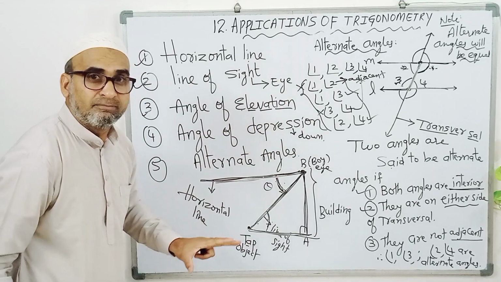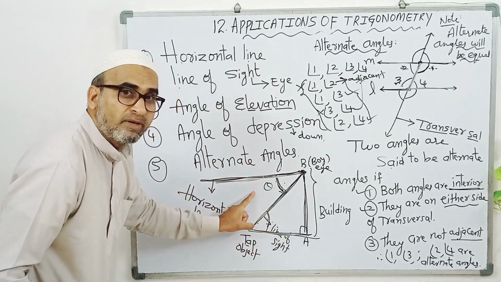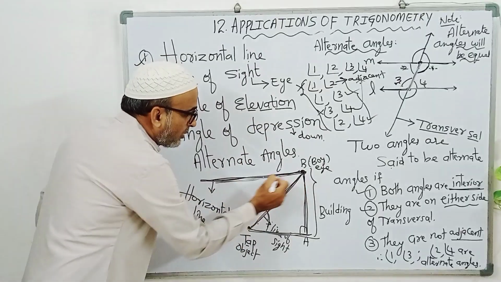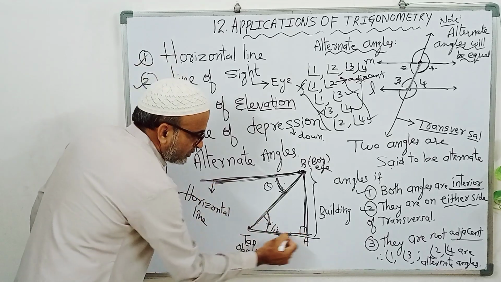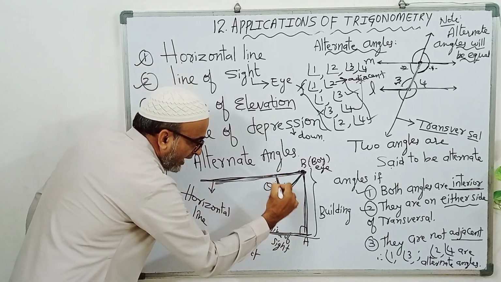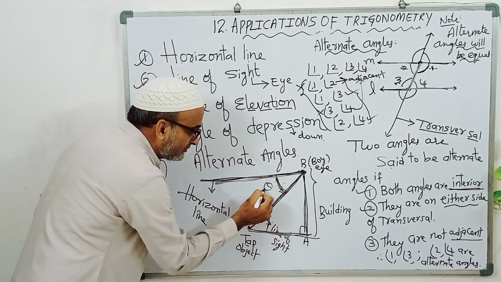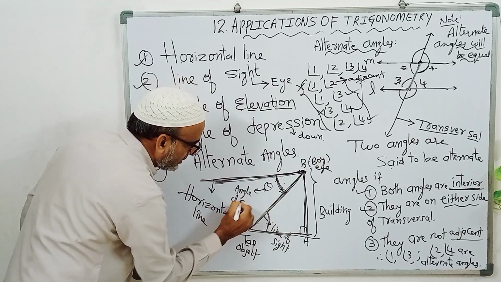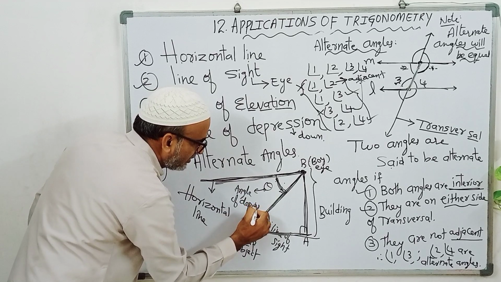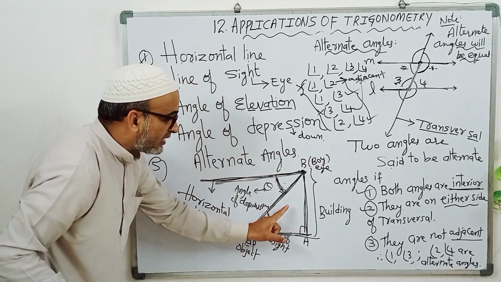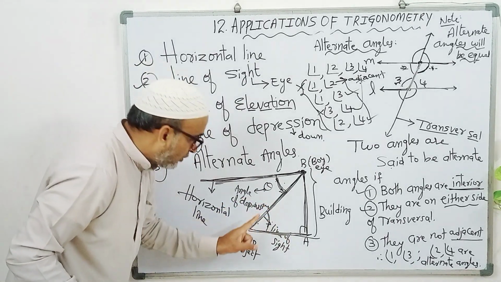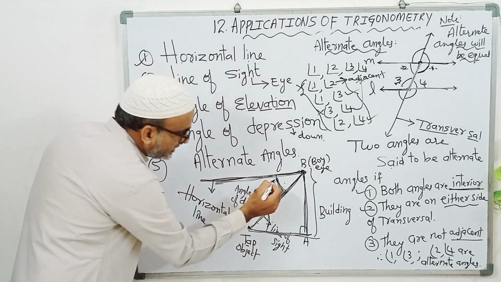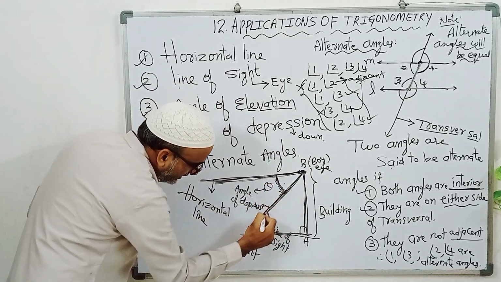In this chapter, this type of diagram you will get. On the top a horizontal line will be there, here also horizontal, and one angle is forming, the angle of depression. But what is happening, our triangle is down, we want this measurement, so this angle comes like this angle.